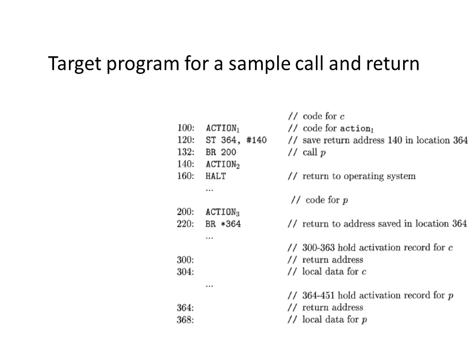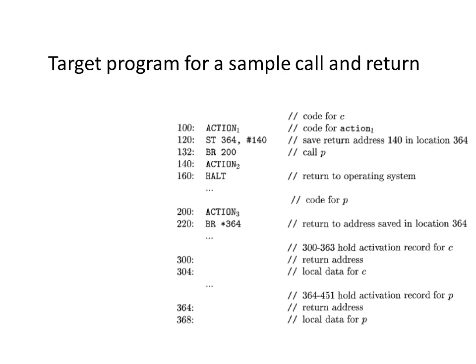Then action 2, then halt means return to the operating system, and next is the code for procedure P, where action 3 is there and BR *364 is there, which means return to the address saved in location 364.